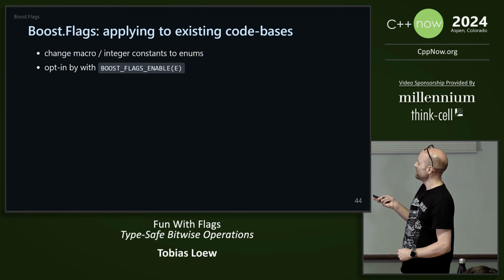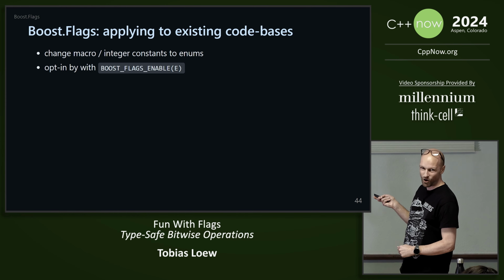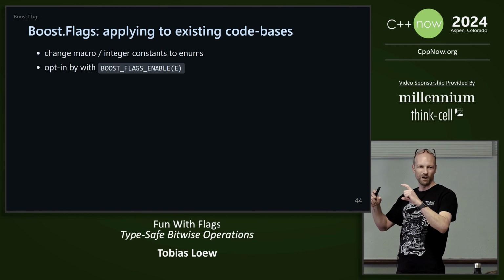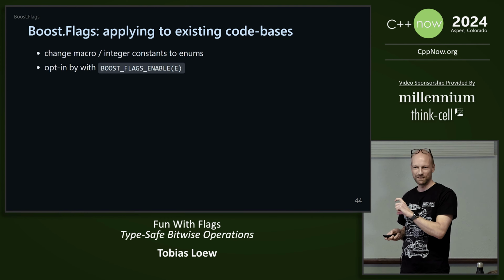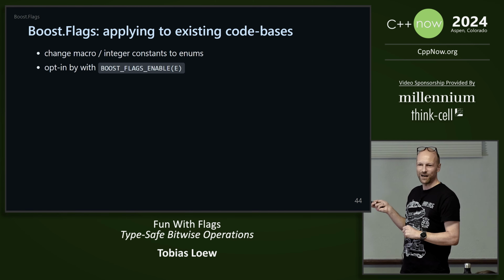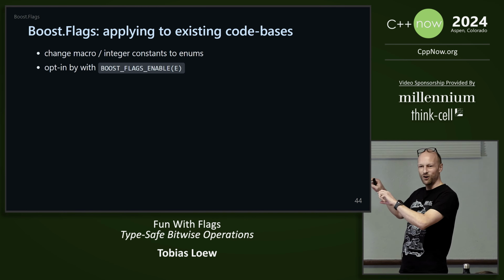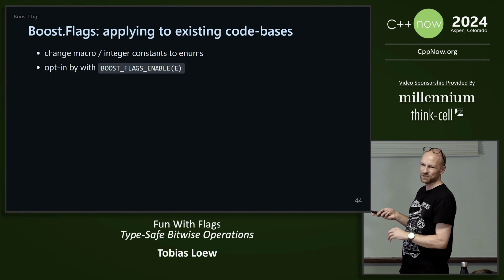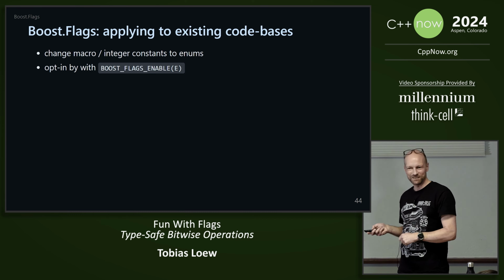You would opt in by Boost.flags enable. There's also a version Boost.flags enable local, which you can use when you want to opt in for a class local enum. Because this macro simply writes using all the operators that are inside Boost.flags, but you can't write using inside a class.